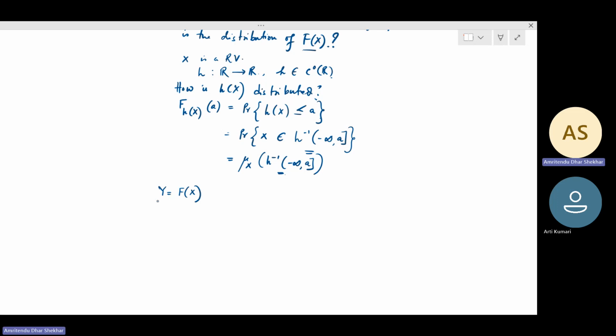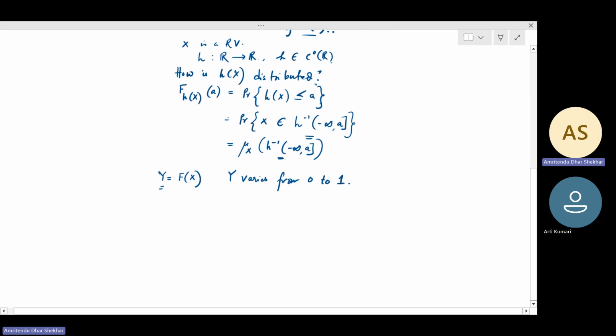Now let's look at the limits of y, right? So what does y vary from? Notice that y varies from exactly 0 to 1. Okay.